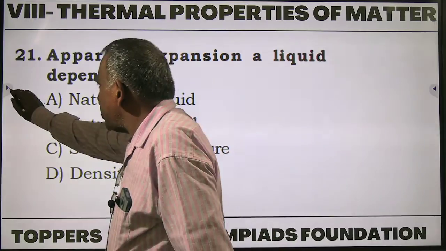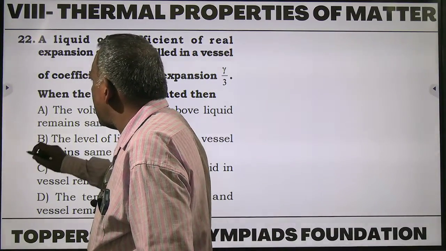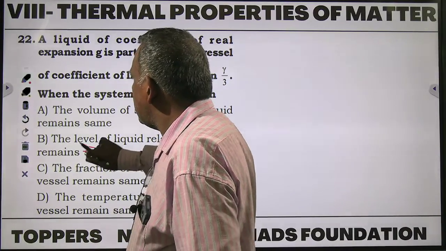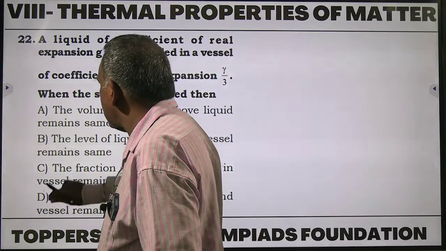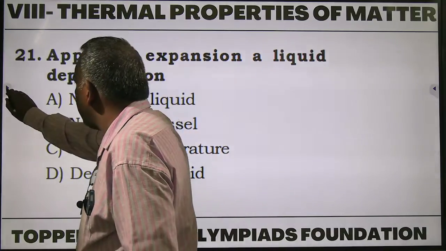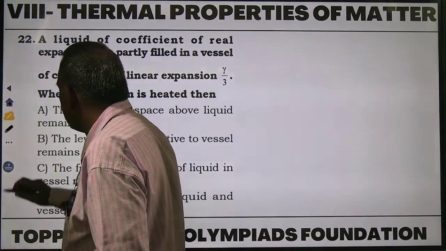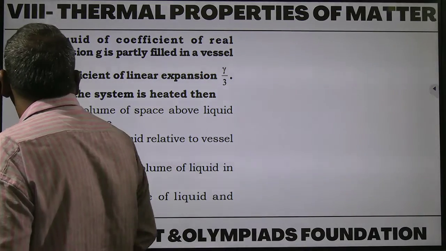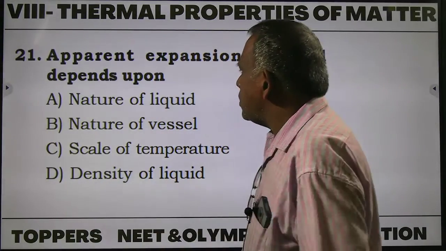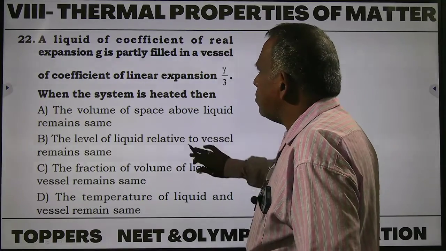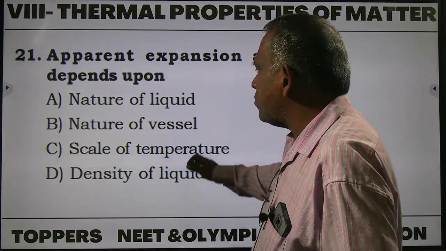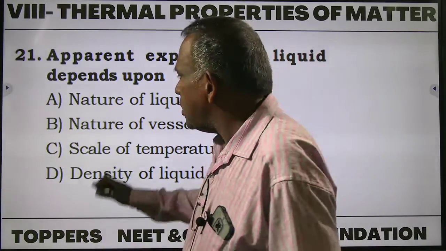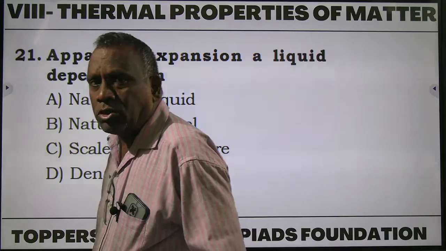See, in the given options, the nature of the liquid, nature of the vessel and scale of temperature are the three correct answers. A, B, C are the correct answers for this question.